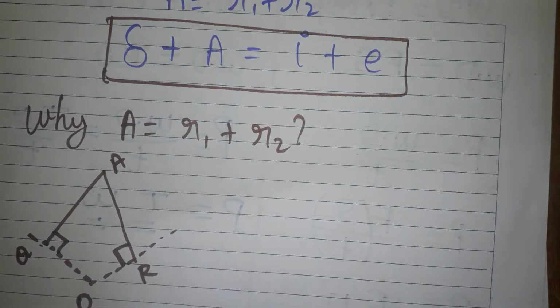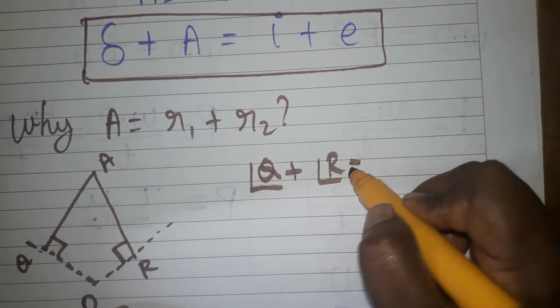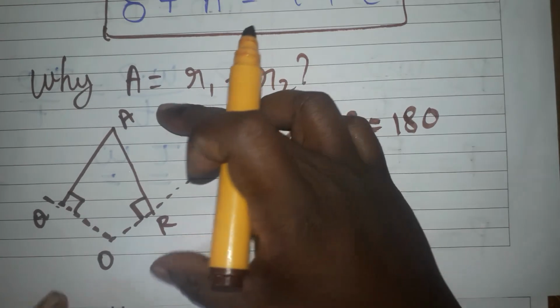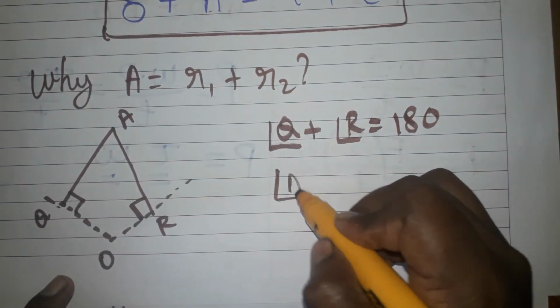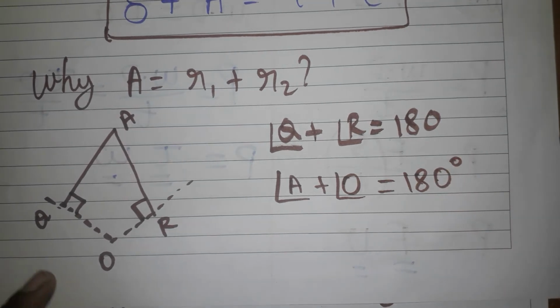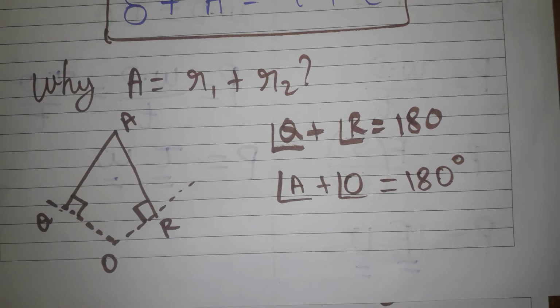So angle Q plus angle R is equal to 180 degrees. What is the opposite angle? Angle A plus angle O is equal to 180 degrees. Next step, I am going to take it as a triangle.